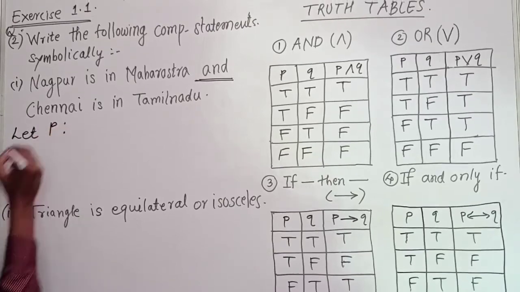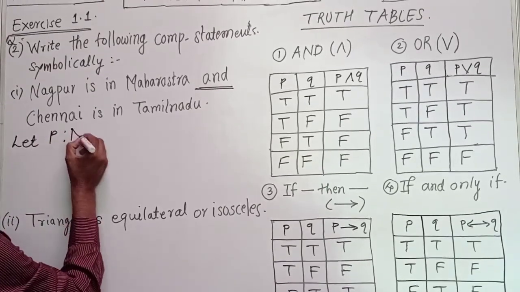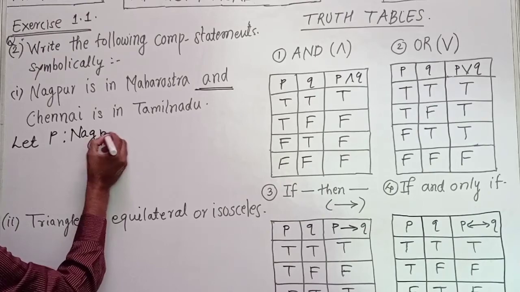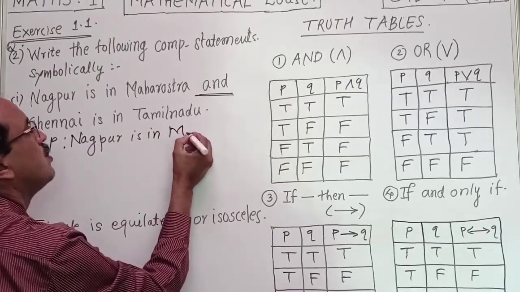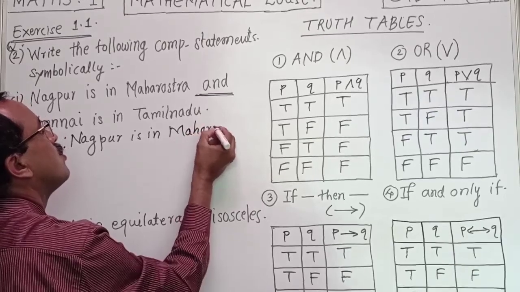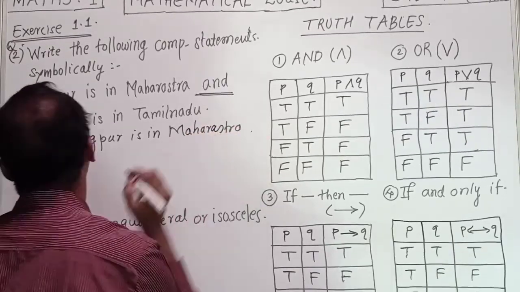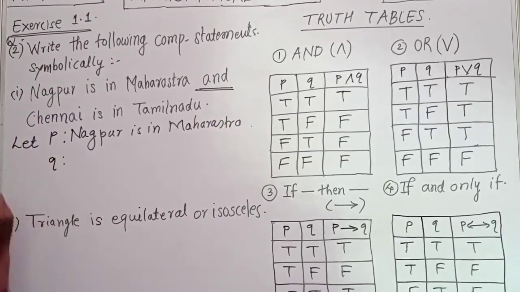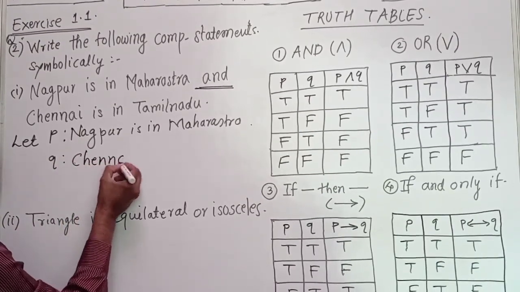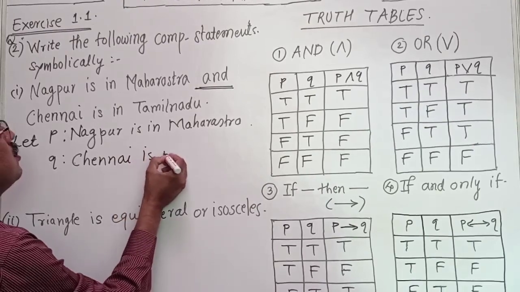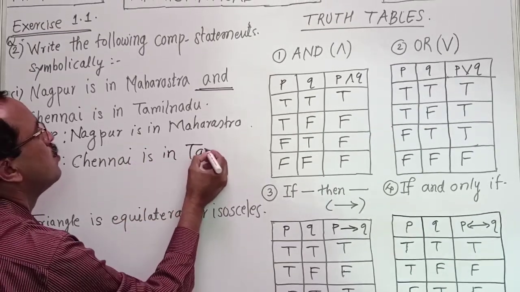Let P be the statement that Nagpur is in Maharashtra. The second statement, we consider Q: Chennai is in Tamil Nadu.